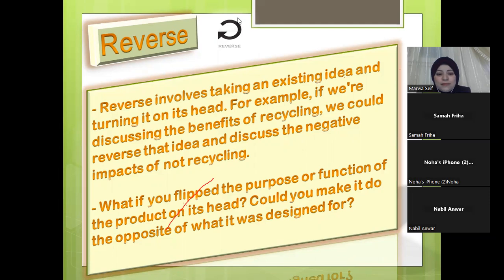P for what? If you remember the parts of the Scamper technique, the P stands for? Hello? Put to what? Put to another use, yes. Miss Manal is really concentrating today. Excellent.